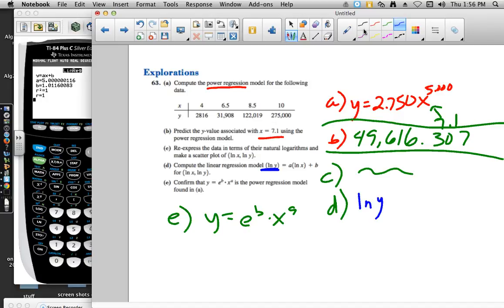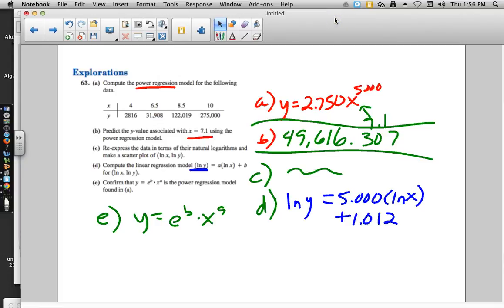So natural log of y equals, and then our a value is the 5.000, and then we were looking at the natural log of x. Remember, we went ahead and re-expressed that data so that it's not just x anymore, and then plus our b value of 1.012.